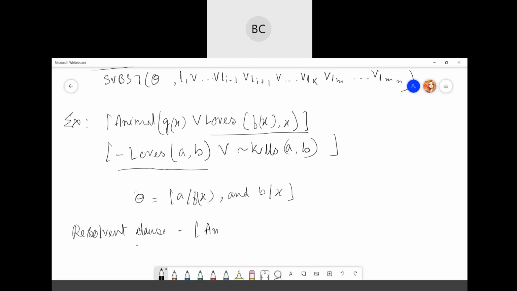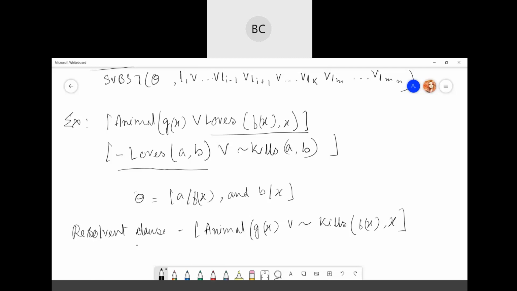Okay, so it will generate a resolvent clause: Animal(g(x)) or Kills(f(x), x). Okay. So if in your two statements you have complementary literals, then you can substitute, or you can say you can just cancel them out.